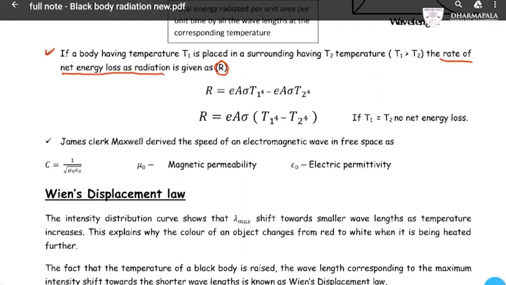So when an object is placed in an environment where the object has temperature T1 and the room temperature is T2, if T1 is greater than T2, more radiation will be emitted, but a small amount of radiation will be absorbed back.